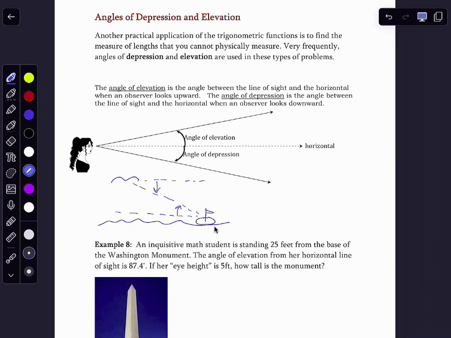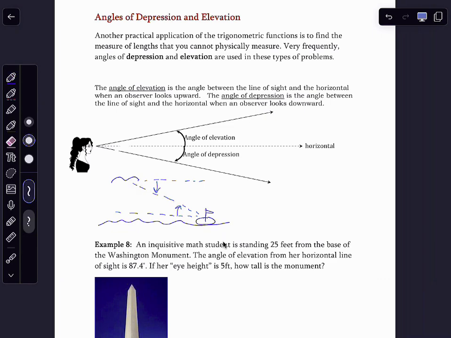So sometimes you're high up and you're looking down, or you're down at the bottom looking up. Angle of elevation is just turning your head to look up, and angle of depression is turning your head to look down. And you could have people looking at each other where one is looking up, one is looking down. And they would always tell you, the boat would be looking up, the bird would be looking down.